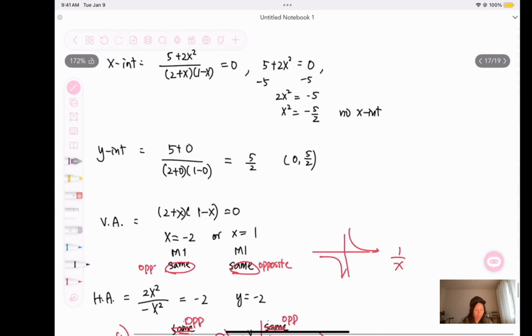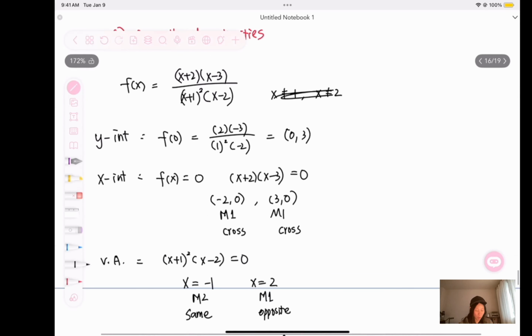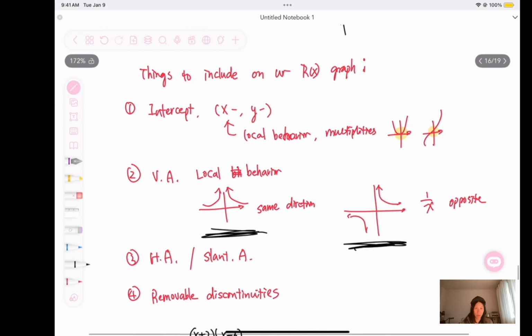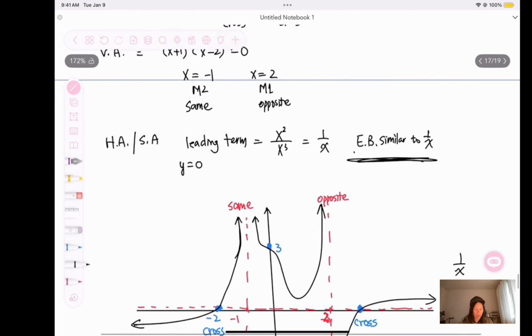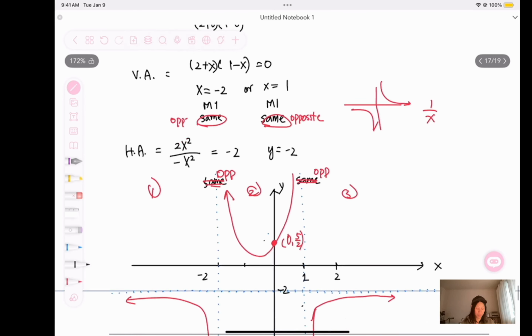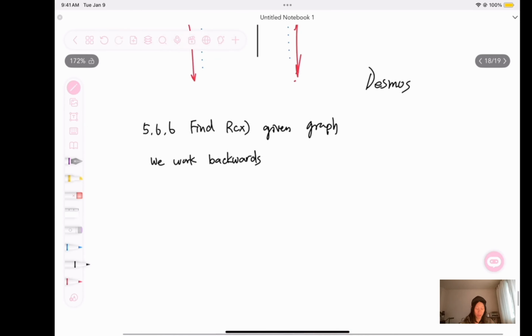We are finding the 4 things from the last video, which are the intercept, vertical asymptote, horizontal asymptote or slant asymptote, and removable discontinuity. This time is the opposite. We look at the graph and find all of these 4 to help us find the equation.